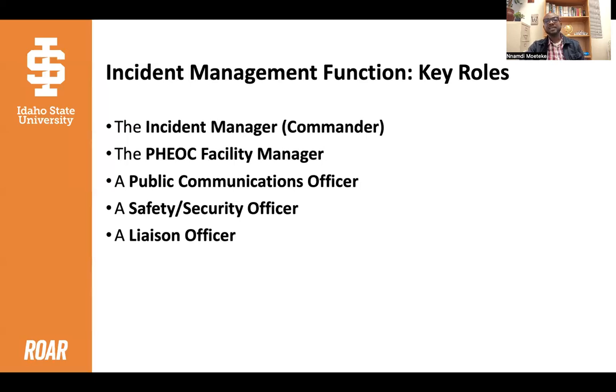There's also the Safety or Security Officer, who is responsible for ensuring the health and welfare of the response personnel, and the Liaison Officer, who maintains links with responding partner organizations to ensure they are able to share their expertise as part of the response. So within the management function, these key roles should be identified as soon as possible or in advance if feasible.